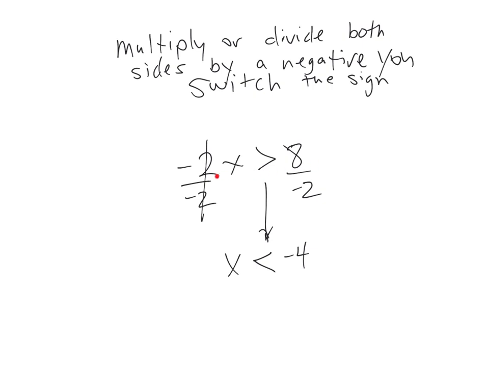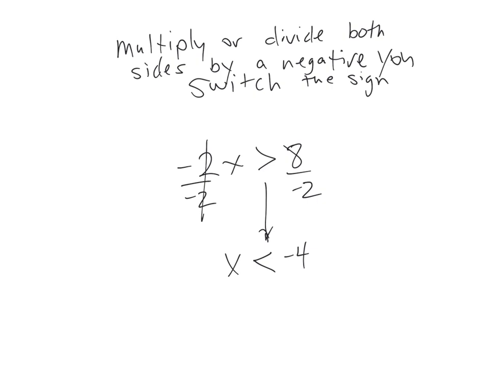So for the solutions, negative 2 times any number that is less than negative 4 will give me a value that is greater than 8, right? So let's try negative 2 times negative 4 is 8.